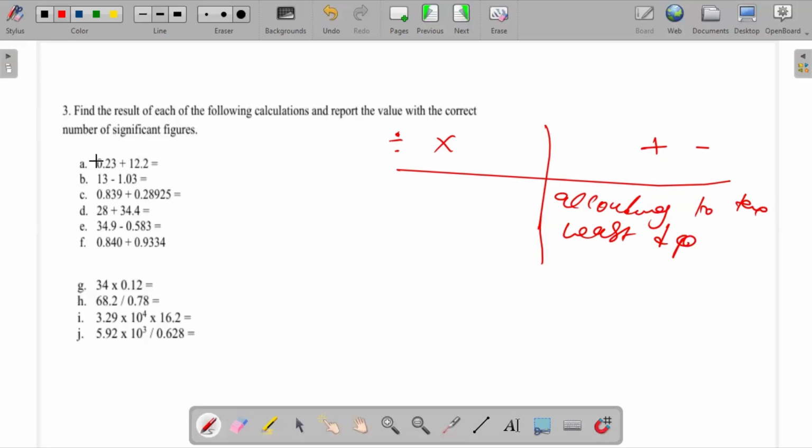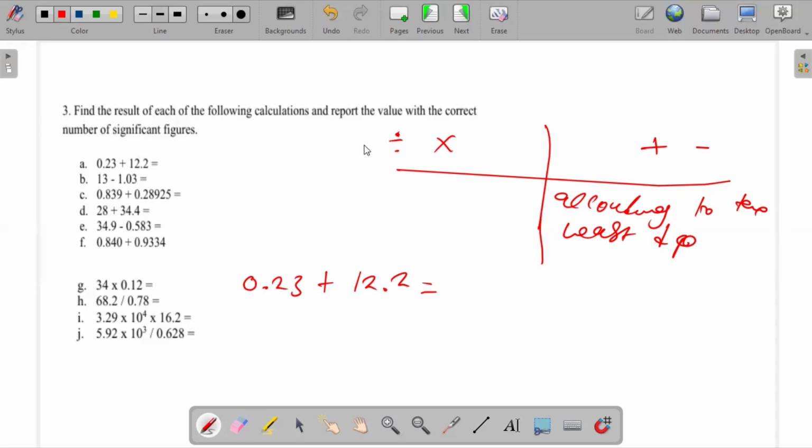Let's use the first one as an example. You're having 0.23 plus 4.2. The question you need to ask yourself is, how many decimal places are we having here? I assume everyone knows how to count, right? So here, how many decimal places are we having? 2, right?